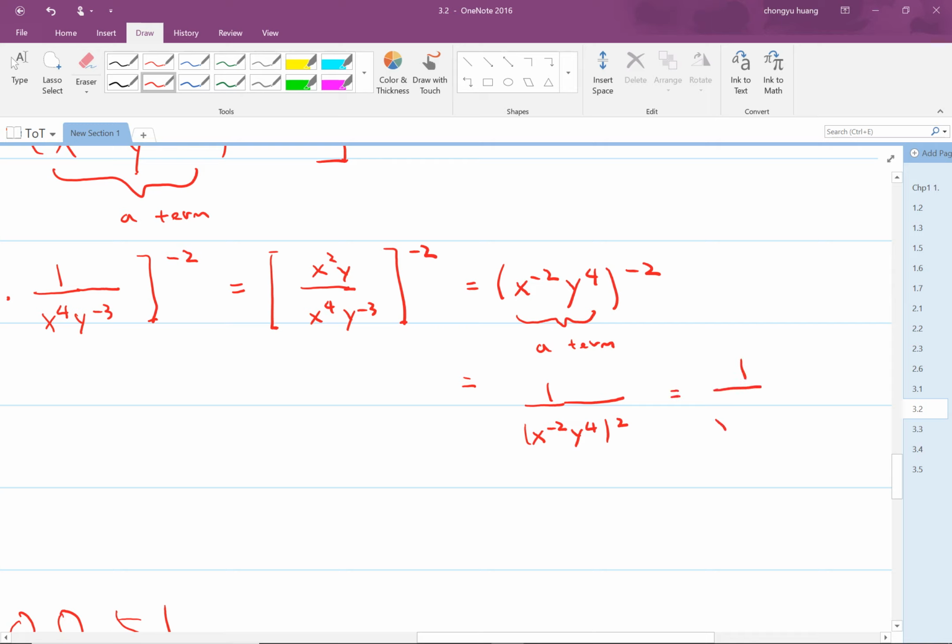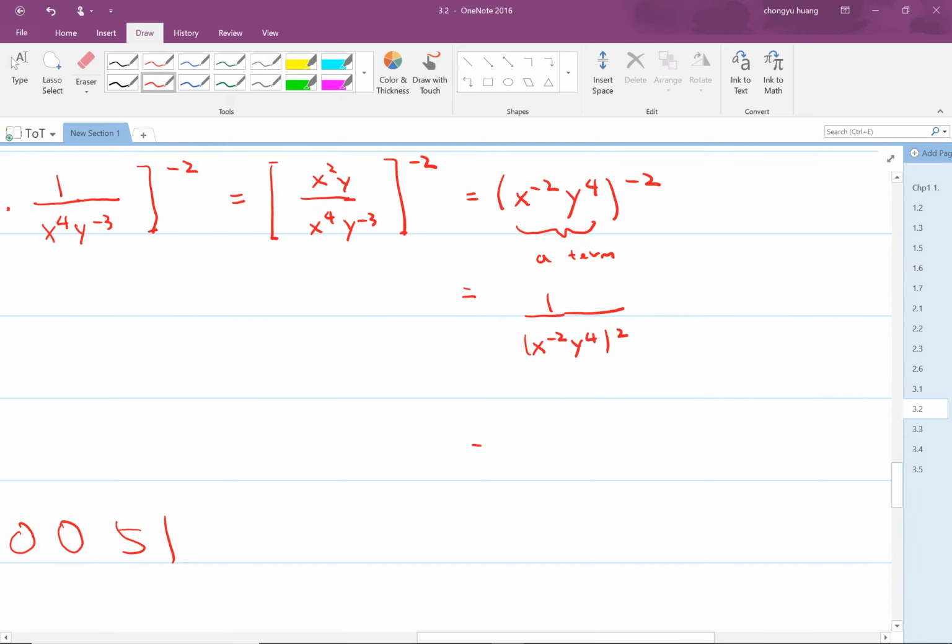So basically let me write it down underneath. It does basically become 1 over x to the negative 2 multiplied by 2, and then y to the 4 multiplied by 2. Okay, so now you have the answer.